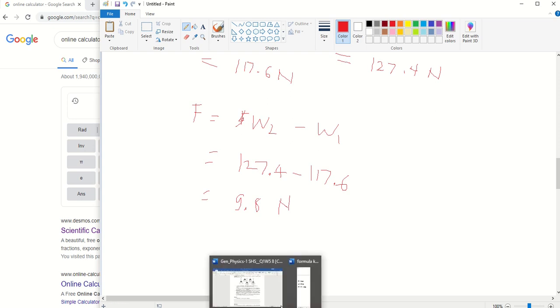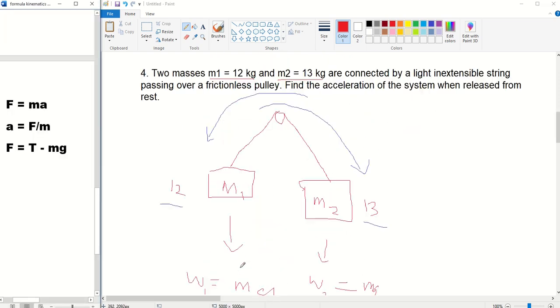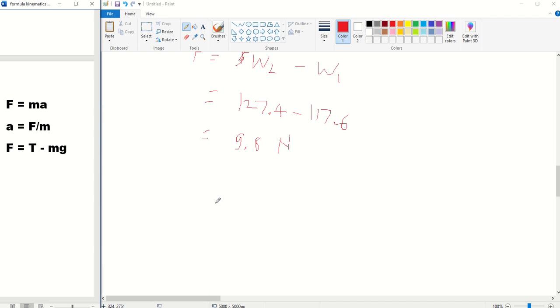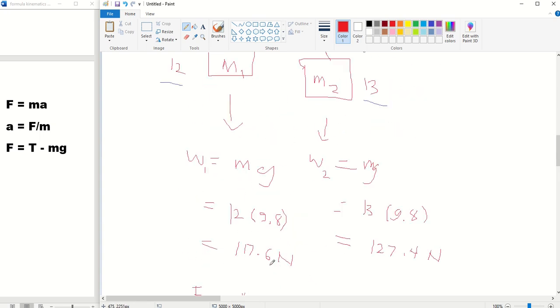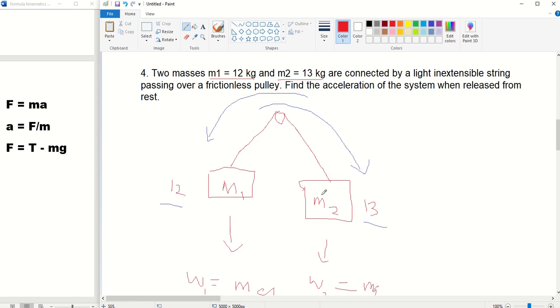Since nakuha na natin ang net force natin na 9.8 newtons, pwede na nating gamitin yung formula ng acceleration para makuha yung acceleration ng pulley o ng system. Acceleration is equal to force over mass. Ang force natin is 9.8, and then ang mass natin, dalawa ulit, isa 12 and isa 13. Pag-a-add natin to dahil dalawa, 12 plus 13 is equivalent to 25.